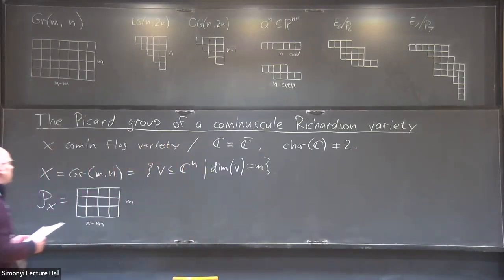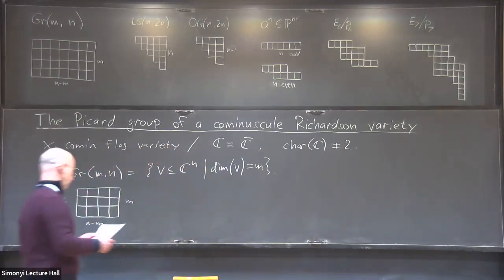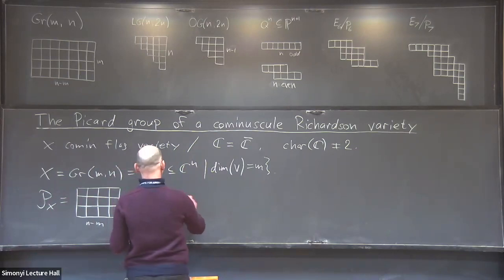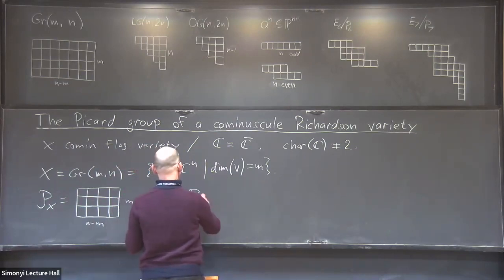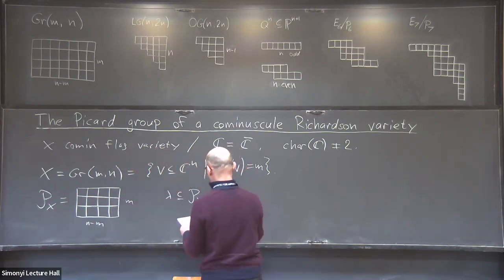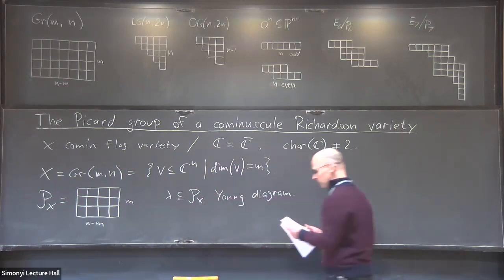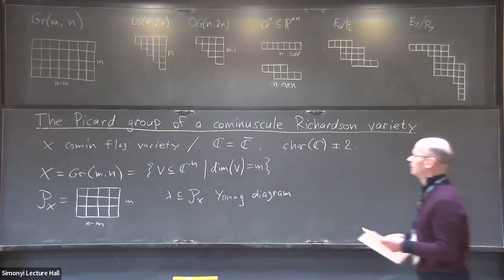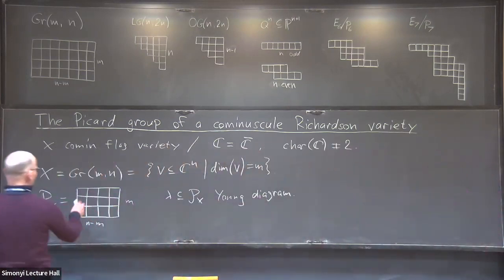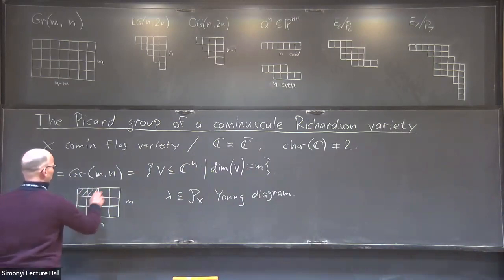Yeah. So if I have a partition or a Young diagram lambda sitting inside this rectangle, then there'll be a subset of the boxes, like for example these ones.